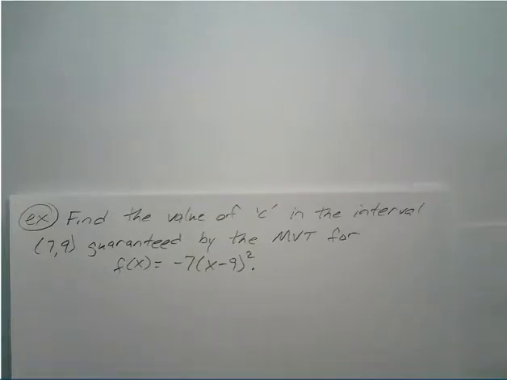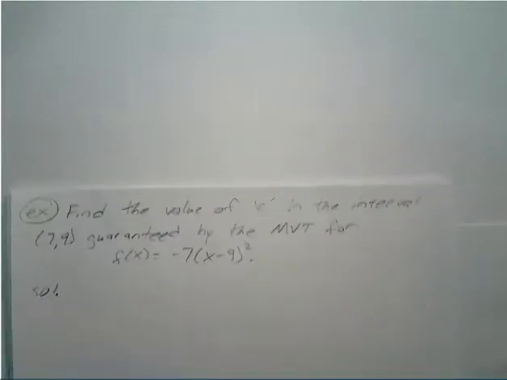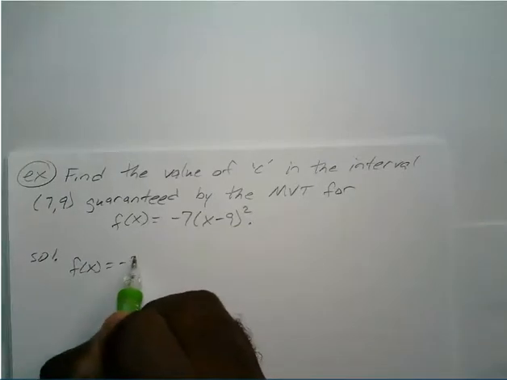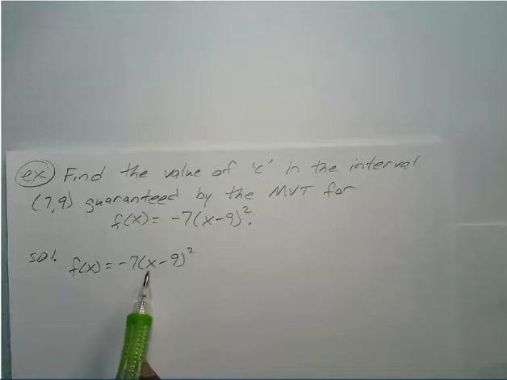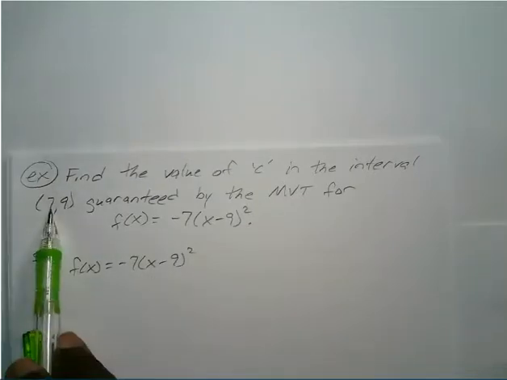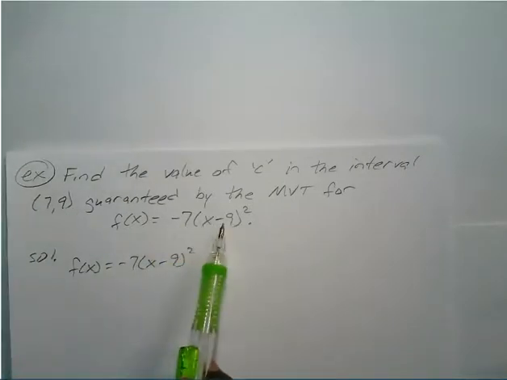Okay, so first we have to make sure all of the stipulations are met. We know that f of x equals -7 times x minus 9 squared is continuous between 7 and 9, because if you plug in any number between 7 and 9, you don't come up with some sort of undefined value.